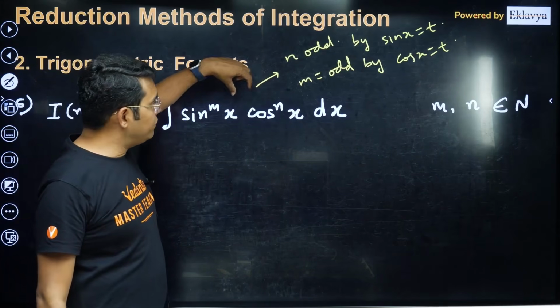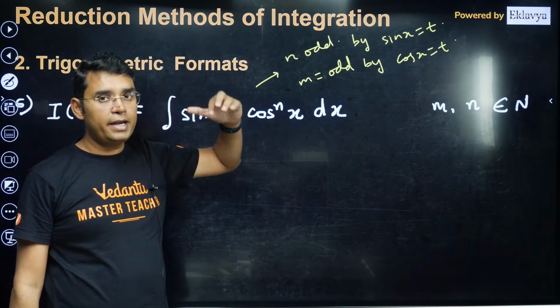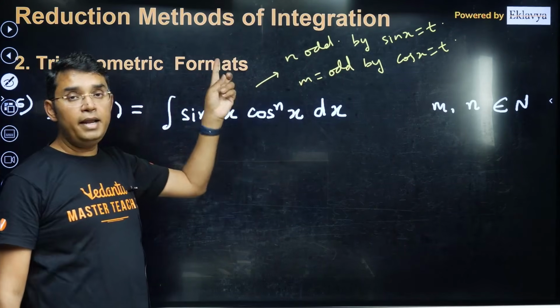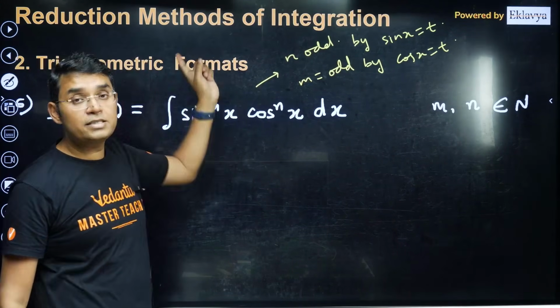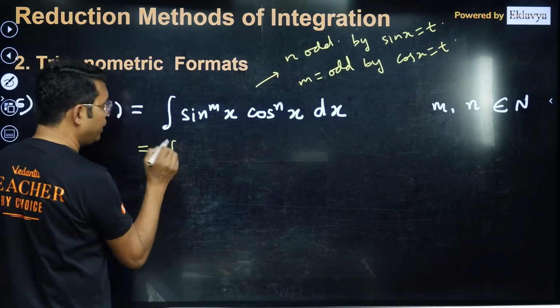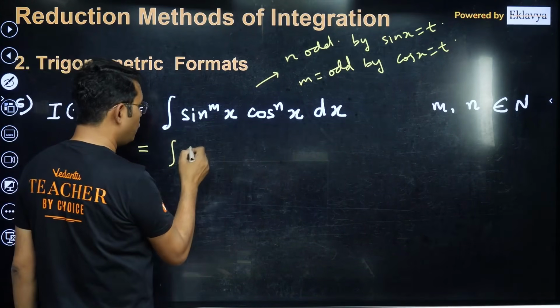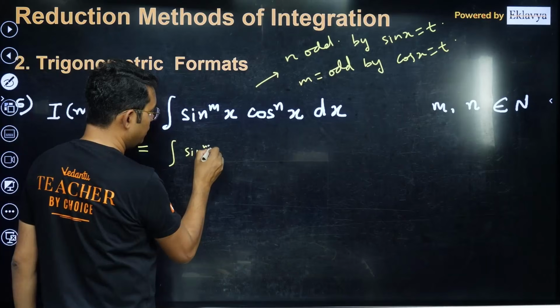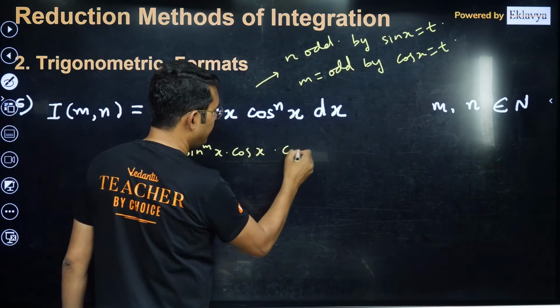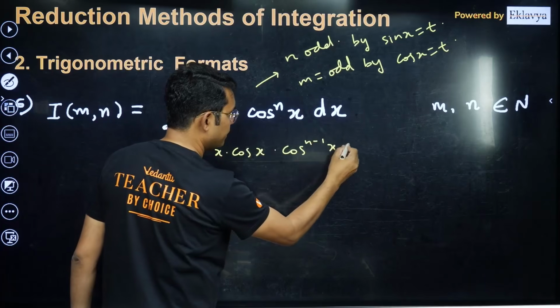But if one of them is odd, then I would say a more practical, easier way is by substitution and not by reduction methods. So let's see how it is done. In this case, we will write one cos along with this sine, and then the remaining power of cos here.